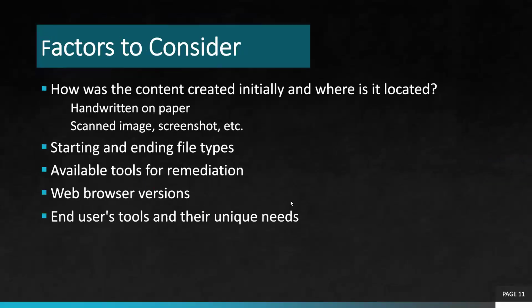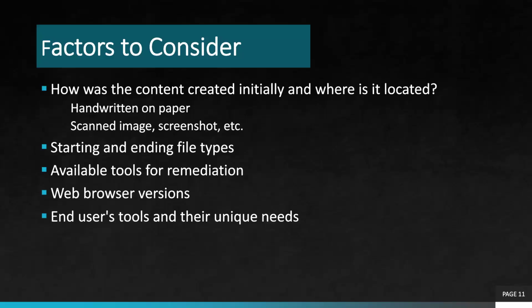Okay, so here are some factors to consider, especially when you're taking something that's inaccessible and we're going to work to make it accessible. How was the content created initially and where is it located? So is it handwritten math on a piece of paper that's being scanned and uploaded for students to look at?